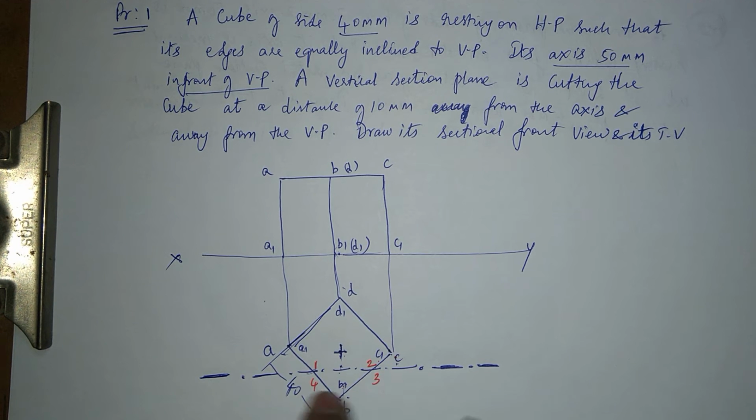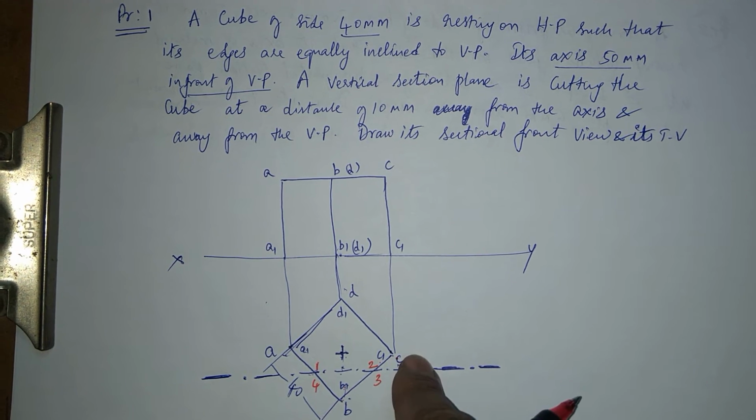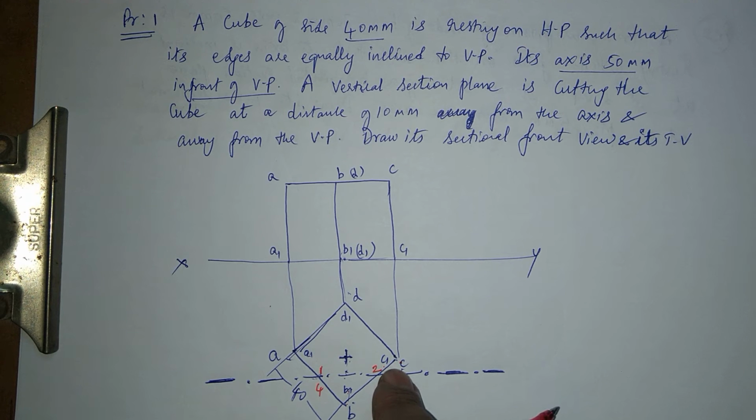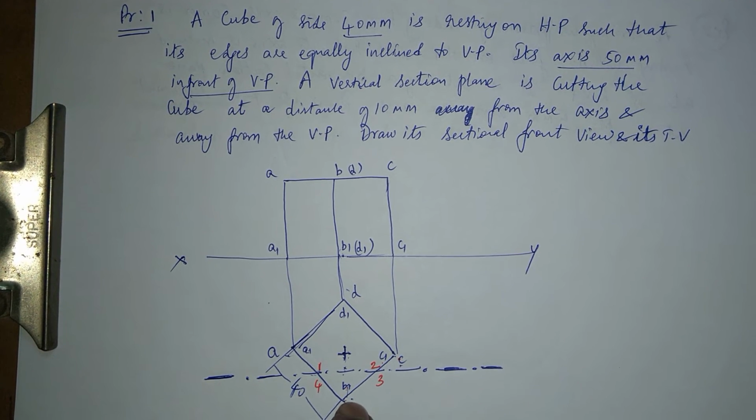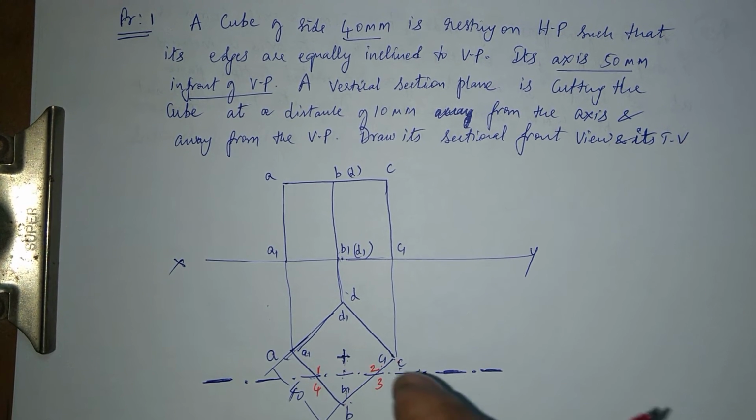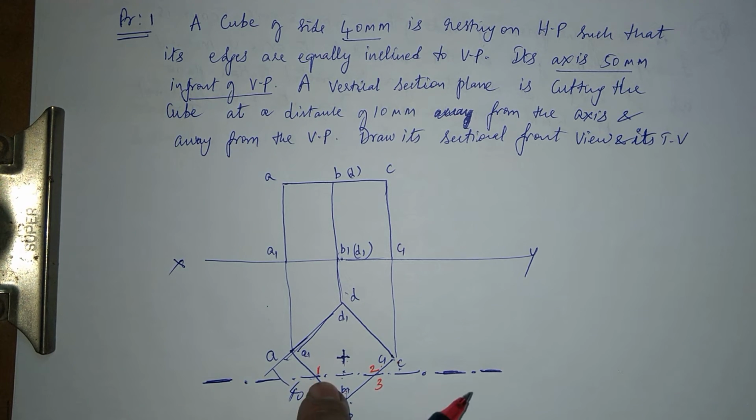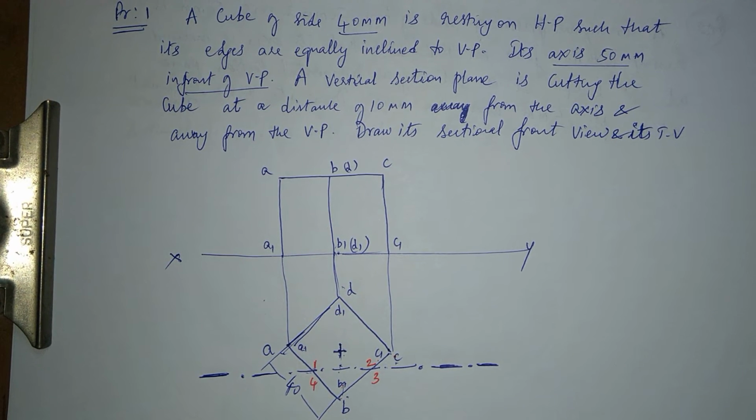We'll go in an order, either clockwise or anti-clockwise. So 1 is on AB, 2 is on BC, 3 is on C1, B1, 4 is on B1, A1. These are the 4 edges where the solid is being cut.